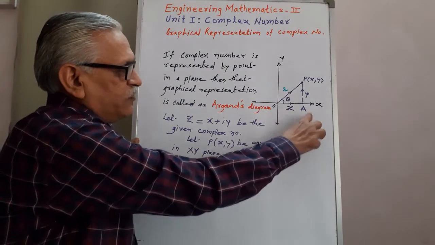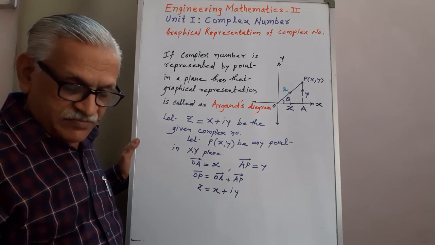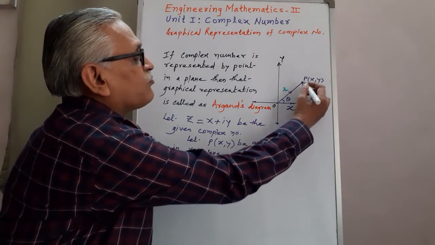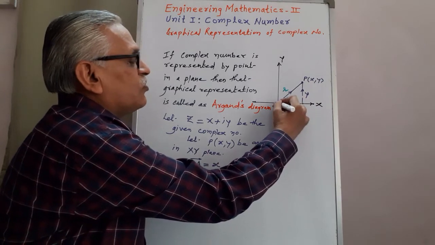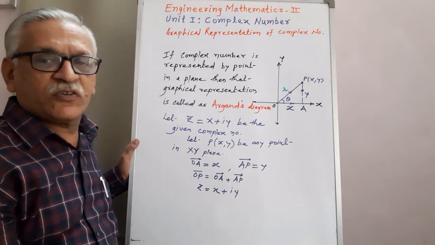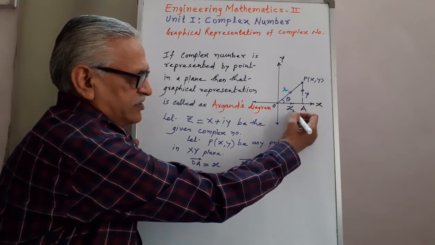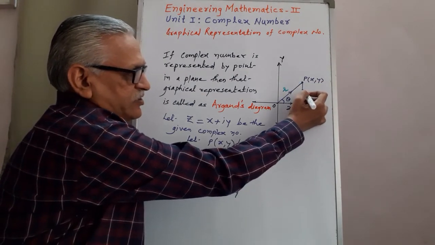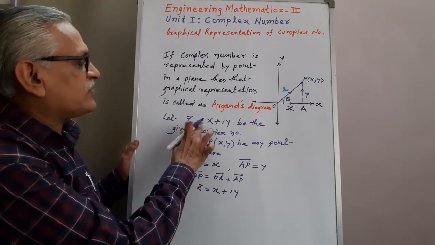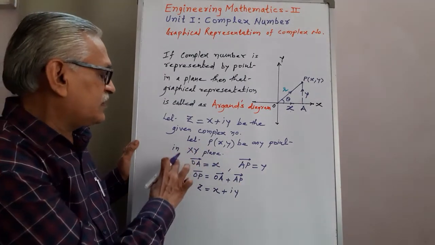In the xy plane, we take a point P with the coordinates x and y. Joining that point P with the origin O, we get radius vector OP, whose magnitude is r. Vector OA, its magnitude is x. Vector AP, its magnitude is y. Then let z equal x plus iy be the given complex number.